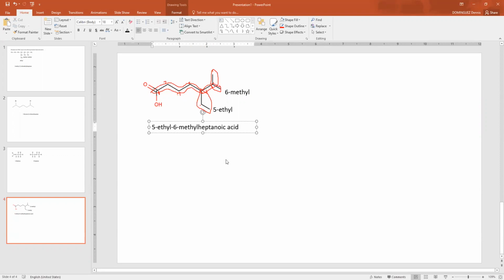Or you may use a dash in between methyl and heptanoic, or you may use the methyl heptanoic acid. If you have questions, please ask them in the comment box. Thank you.